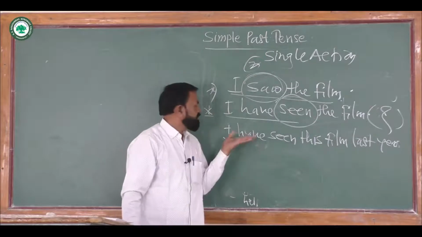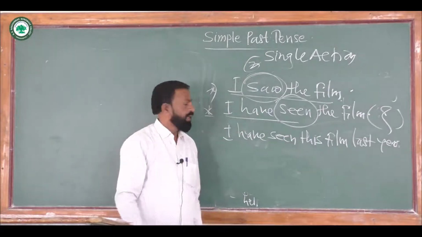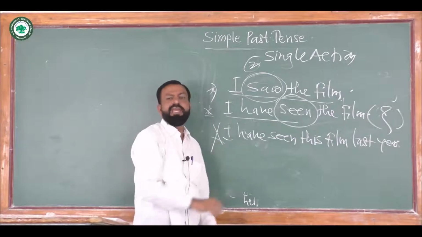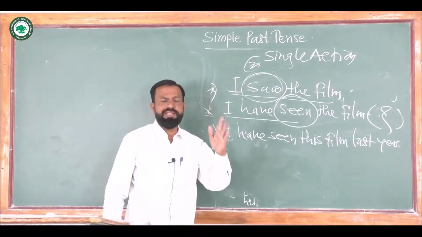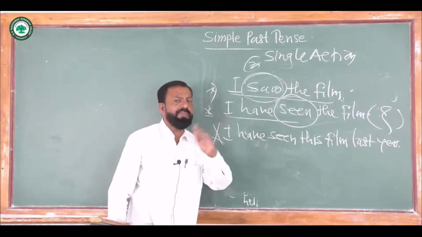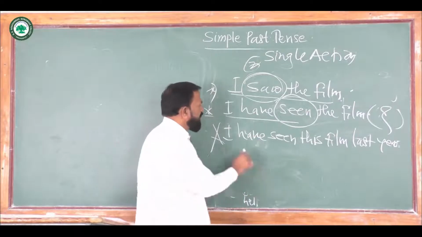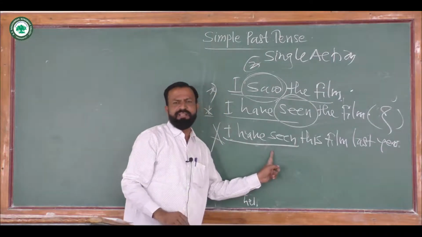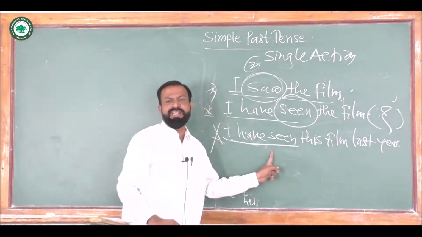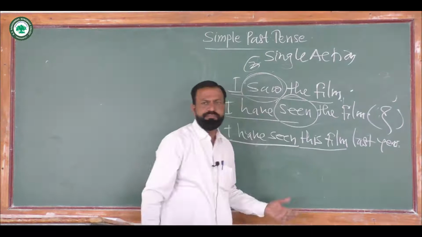For example, I have seen this film last year. Now this is an incorrect sentence, a wrong use of tense, because "I have seen" indicates that present perfect tense is used. I have seen this film.